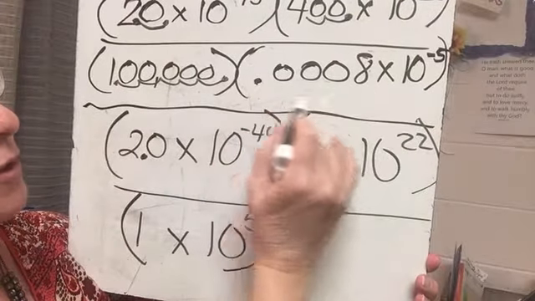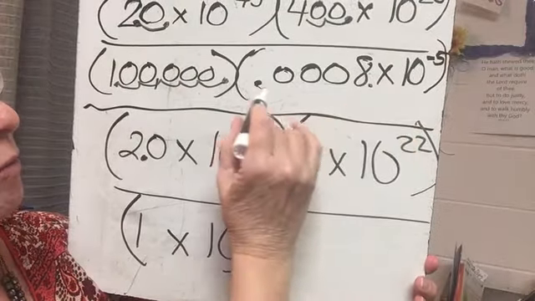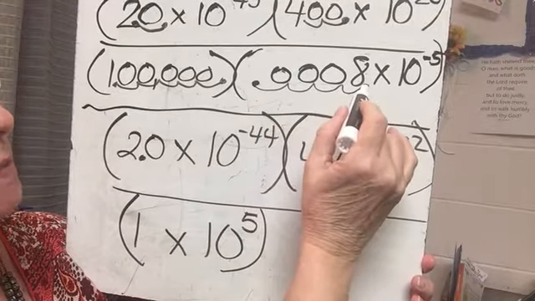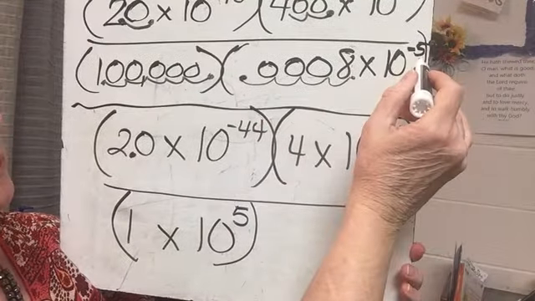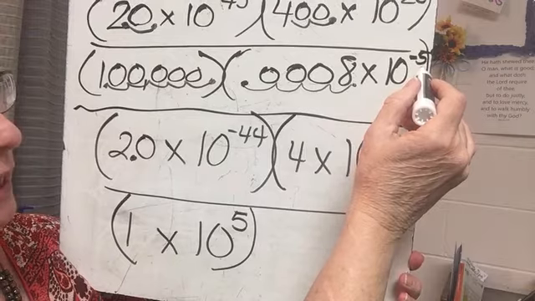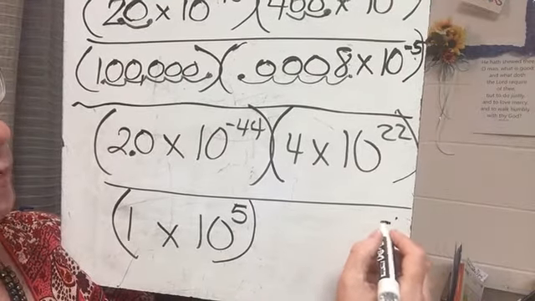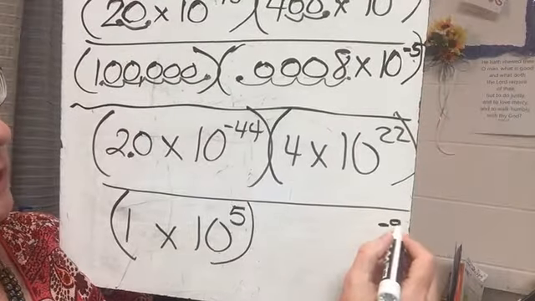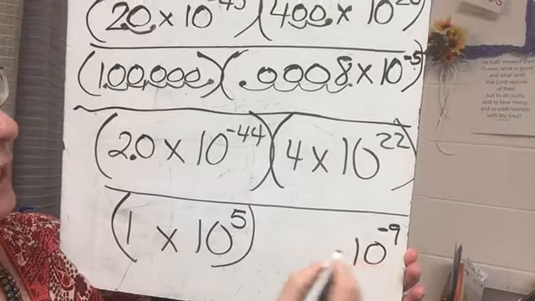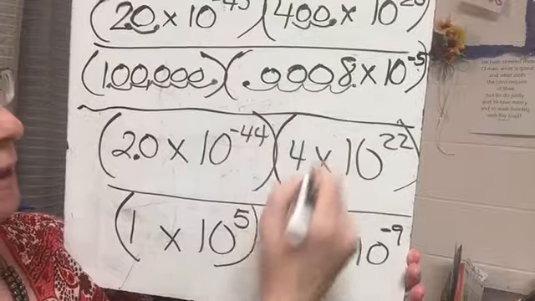It needs to move to the right to get right there. So 1, 2, 3, 4 steps to the right, meaning this one needs to come 4 steps to the left. Negative 5, that's going to be a negative 4 added to the negative 5 is a negative 9. So we know we have a 10 to the negative 9. And then this becomes an 8.